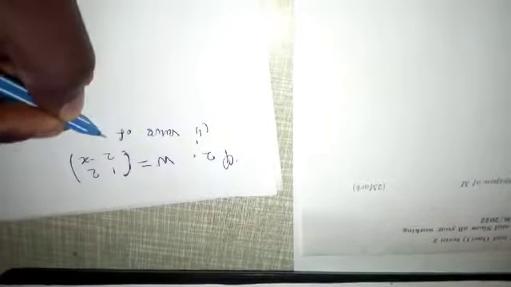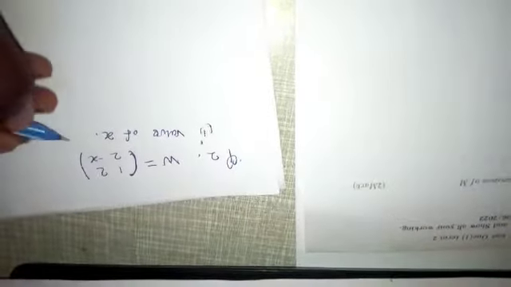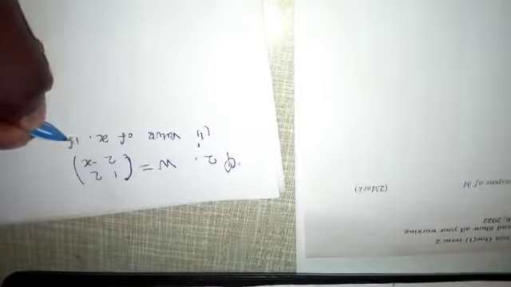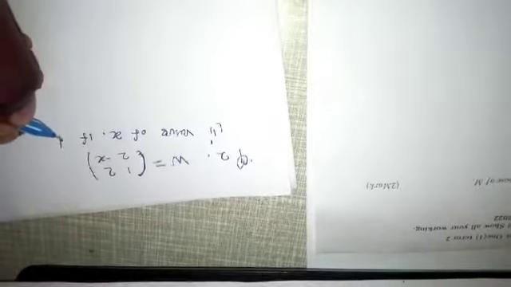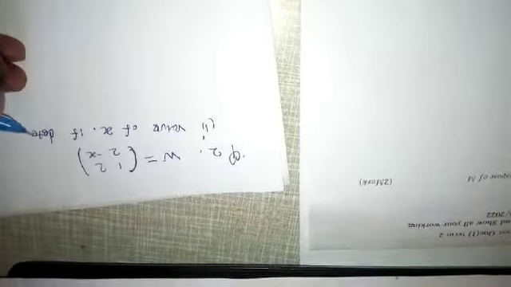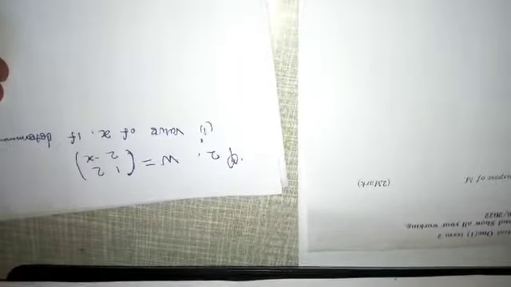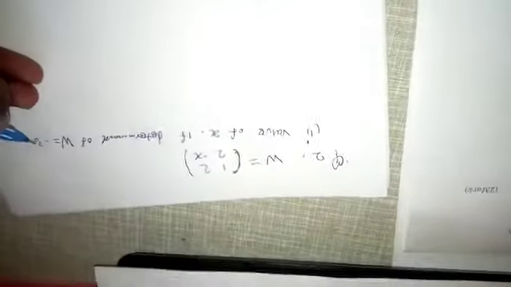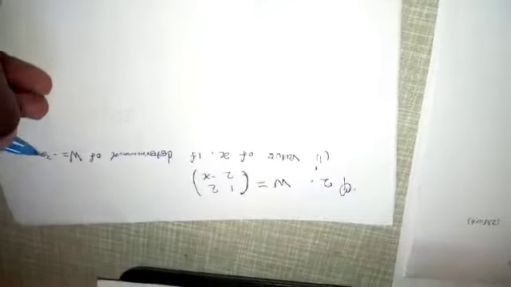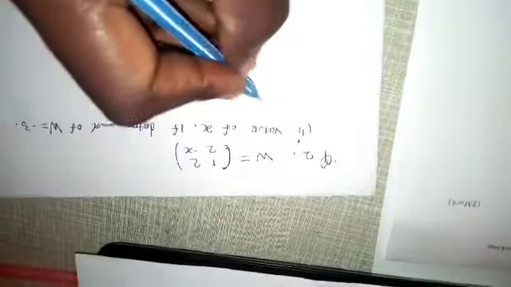Now we are asked to find the value of x, given that the determinant of matrix W is negative 3, right? Okay, so what are we going to do?